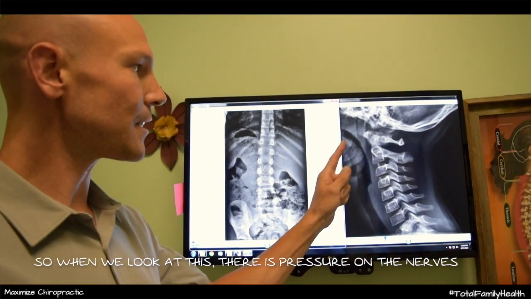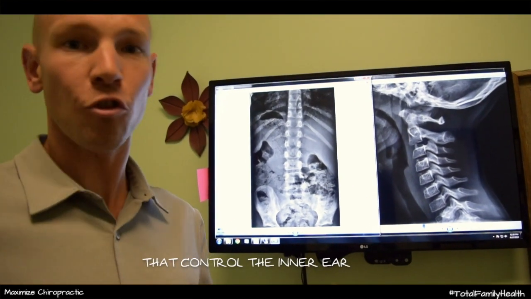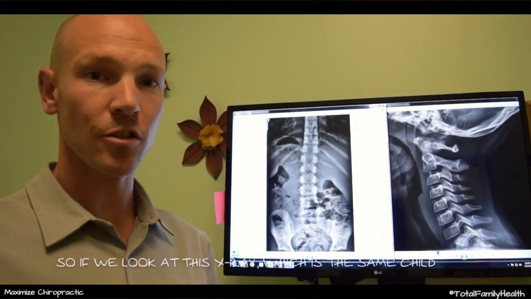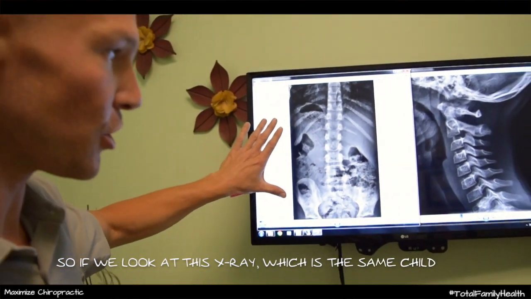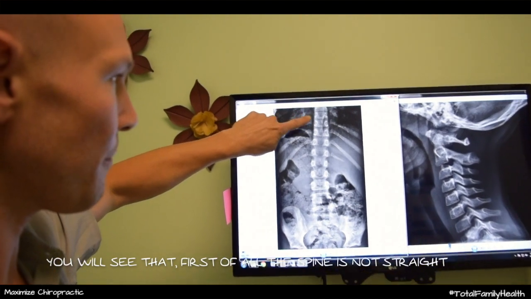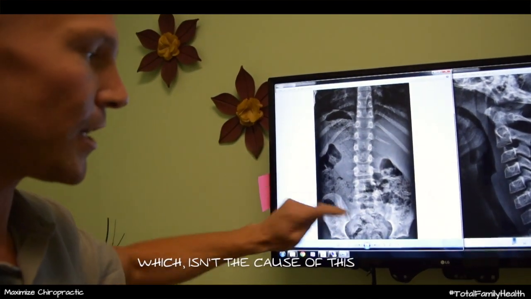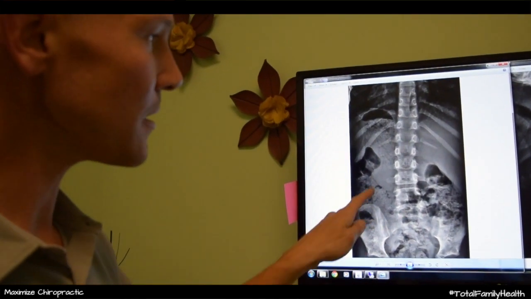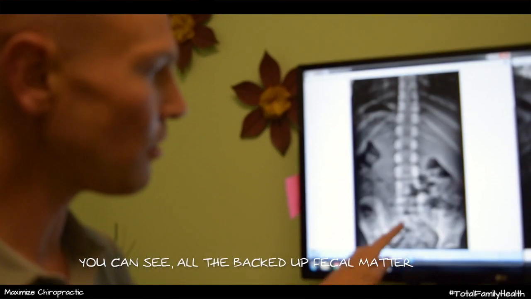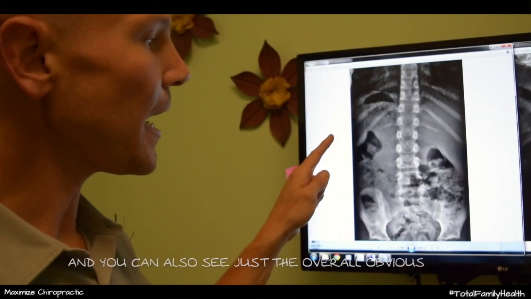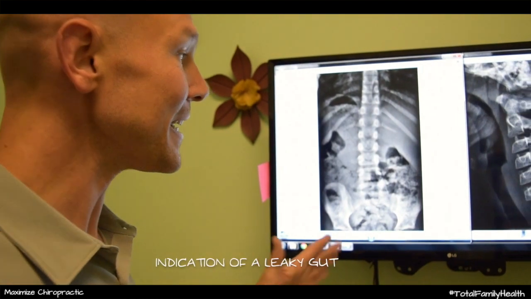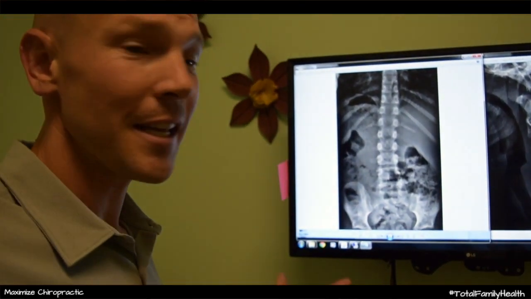So when we look at this, there is pressure on the nerves that control the inner ear. However, that doesn't explain also the infections. So if we look at this x-ray, which is the same child in the lower spine, you will see that, first of all, the spine's not straight, which isn't the cause of this, but when you see the black on this x-ray, you can see all the backed up fecal matter, and you can also see just the overall obvious indication of a leaky gut.